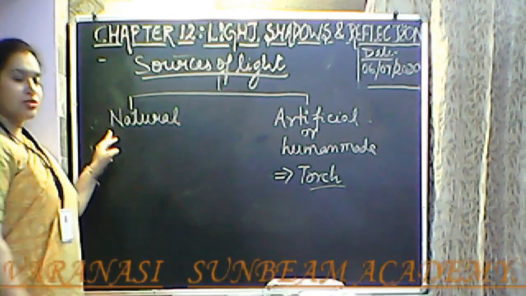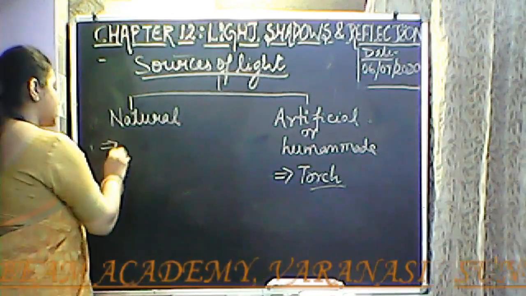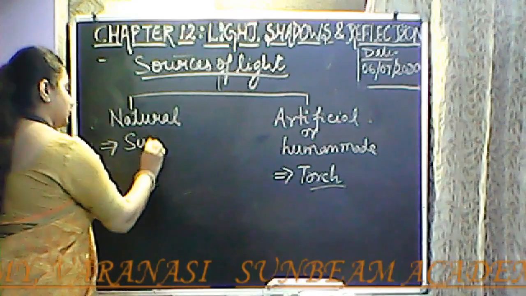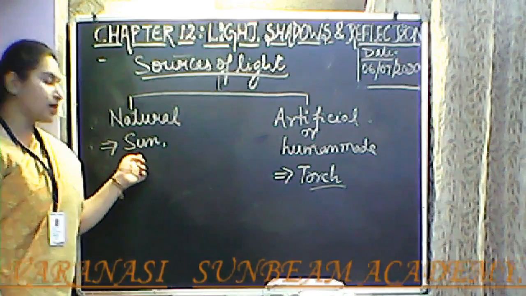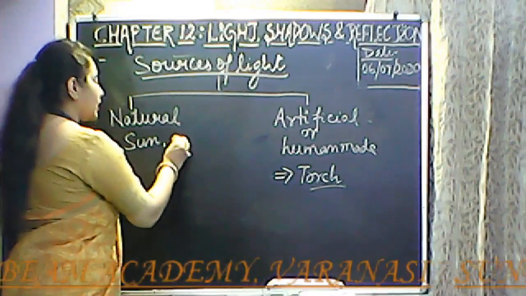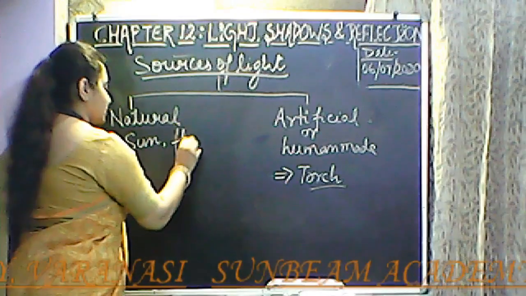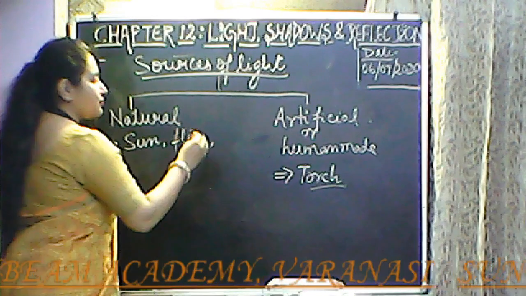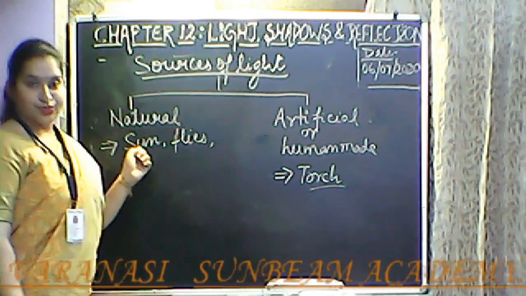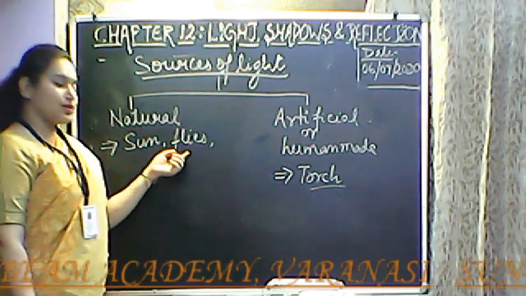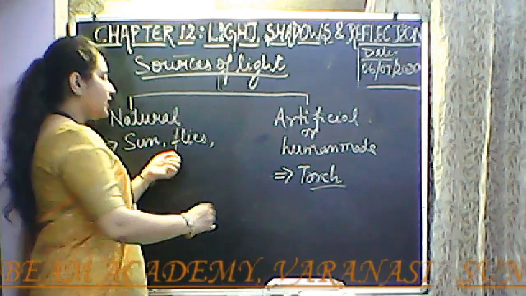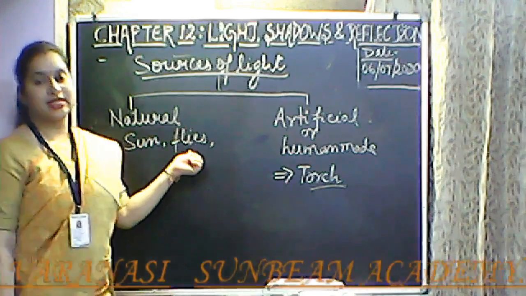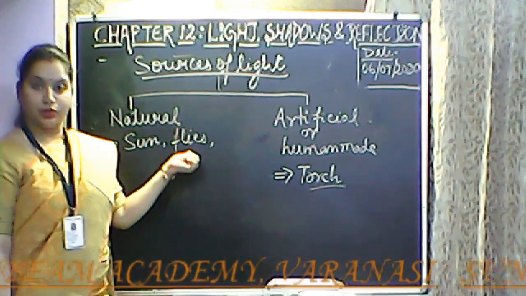Now what is natural? What is a natural source of light? Sun is the natural source of light. Similarly, there are flies. Have you ever heard of Jugnu? If you have seen that luminous fly, that also produces light of its own.